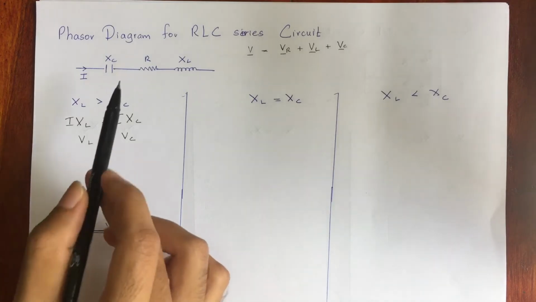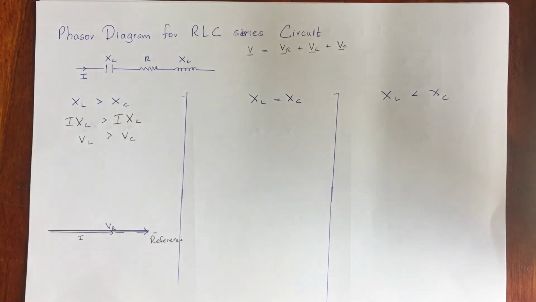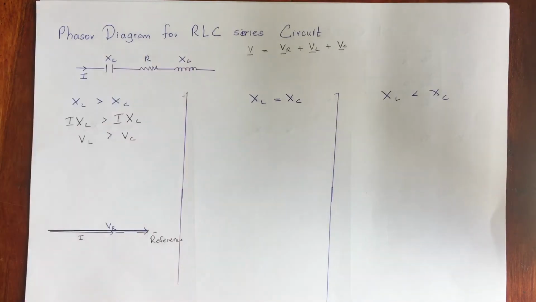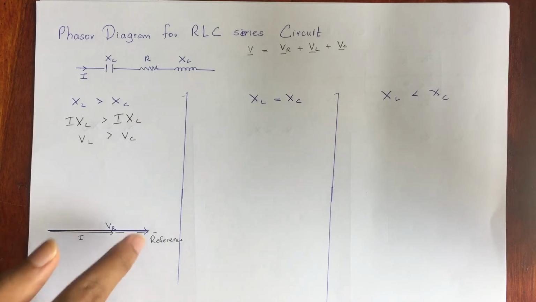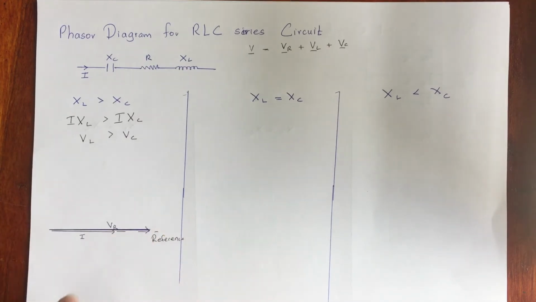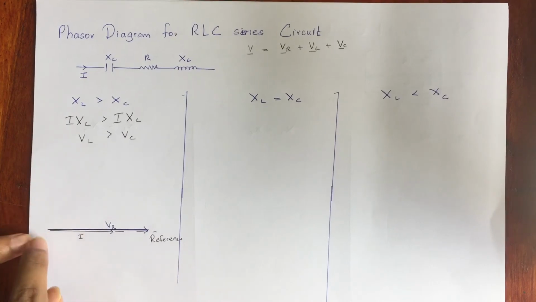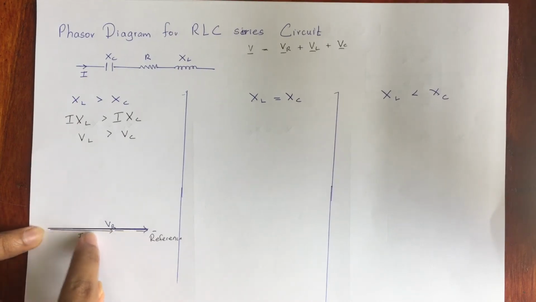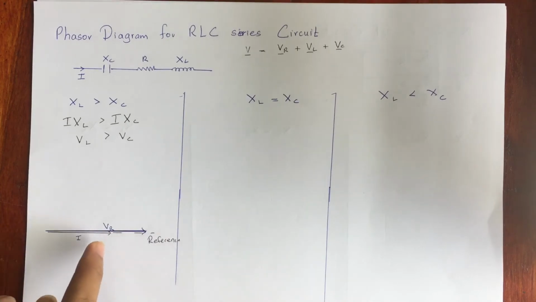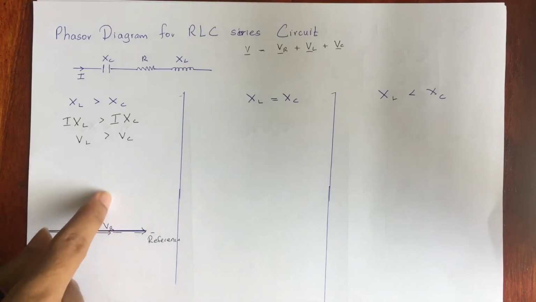After that, let's draw for XL. If I draw for the inductor, the voltage of that inductor is going to lead the current. Don't forget this VR. If I consider the inductor, the I is going to be the same for that inductor too, and the voltage part is going to be 90 degrees from that.